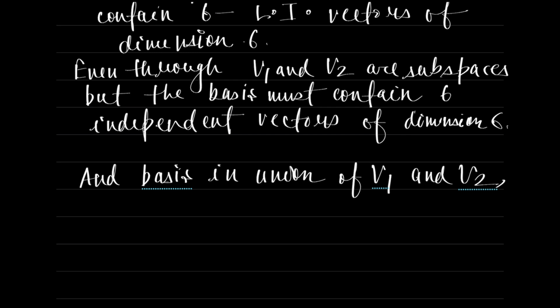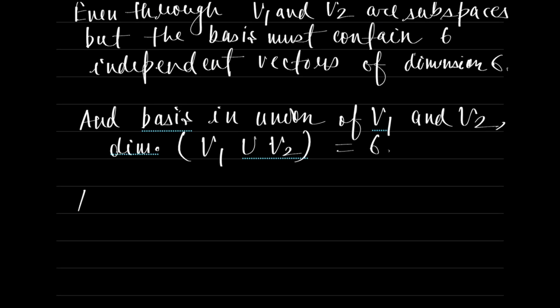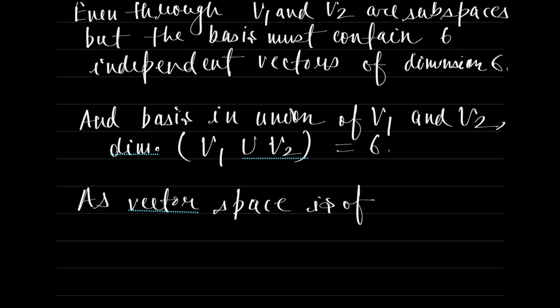So we can write the dimension of V1 union V2 is equal to 6, as the vector space is a 6-dimensional vector space.